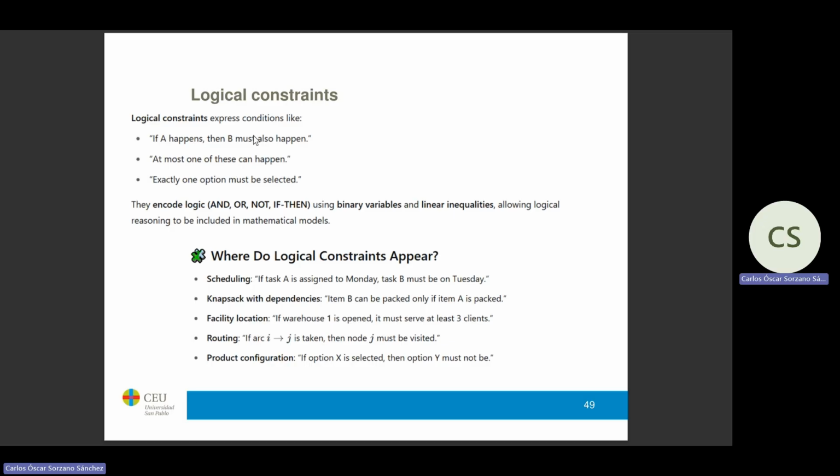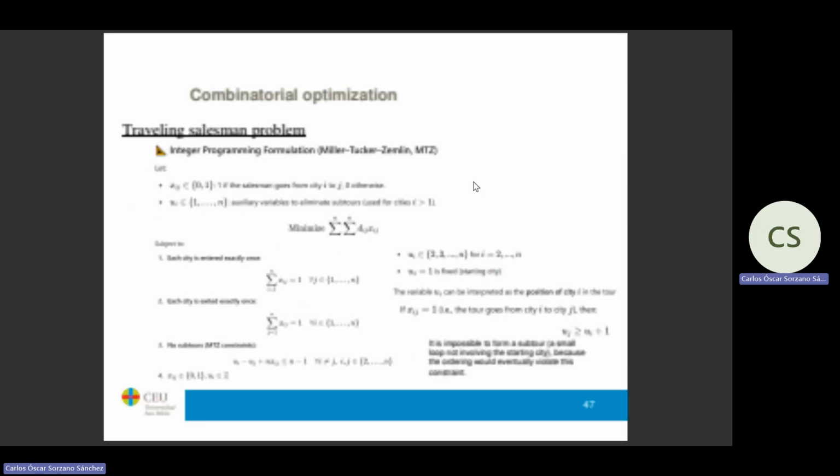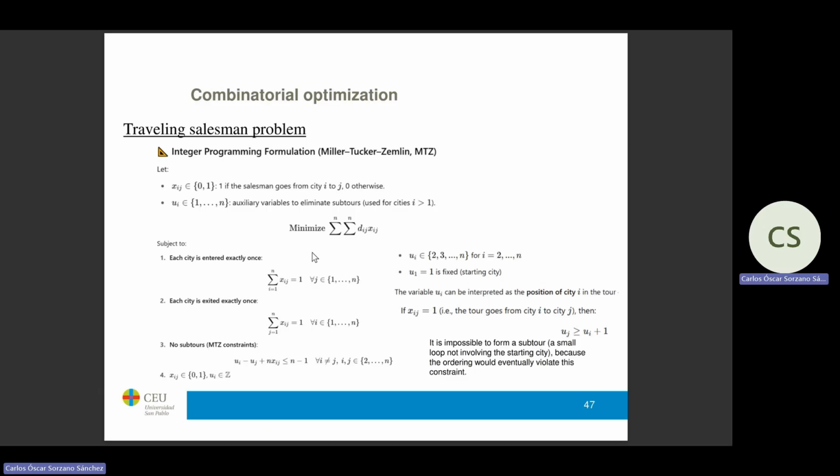They have to go together, for instance. Or at most one of these can happen, or exactly one option must be selected. And typically you can encode them with binary values, and then conditions like and, or, not, if-then, can be written as linear inequalities. So these linear inequalities are solved here.